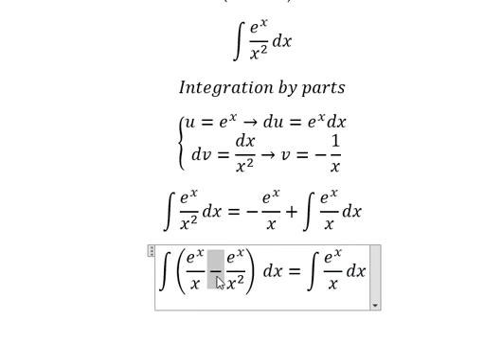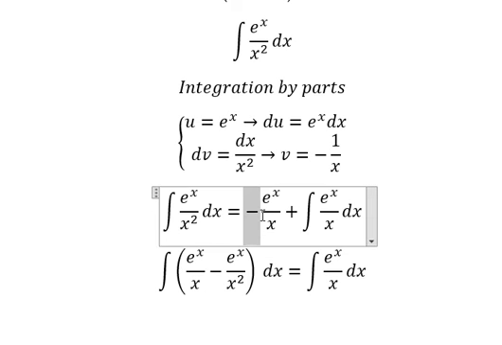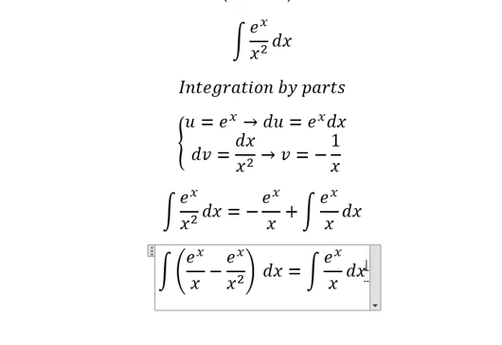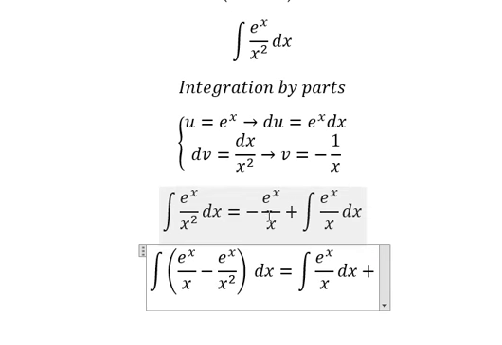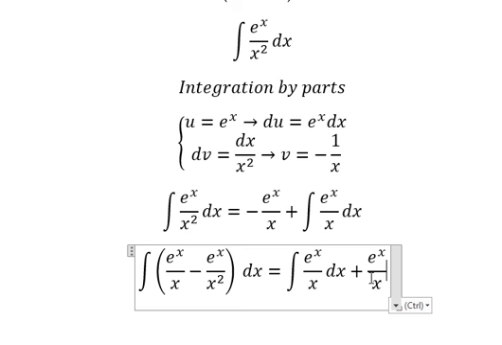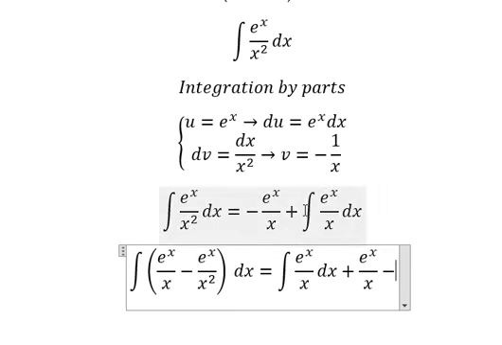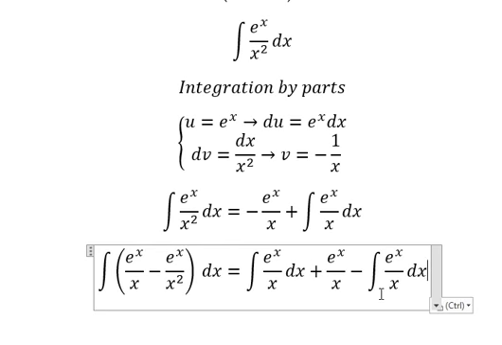Because we have the negative sign, negative with negative in here, you get positive. And negative with positive, you get negative. So we need to minus 2 integrations in here. And we get the final answer.